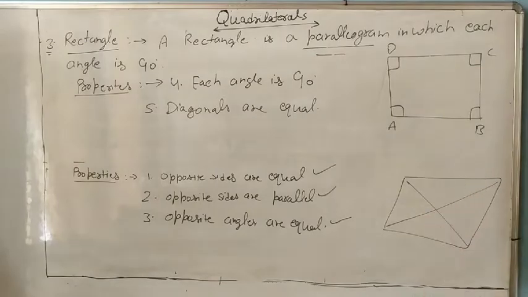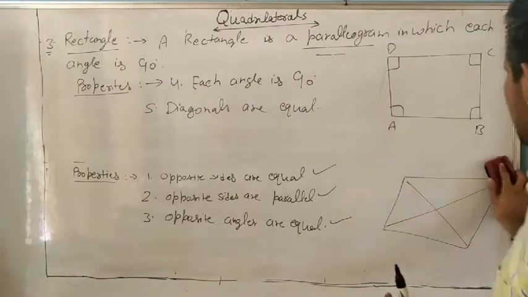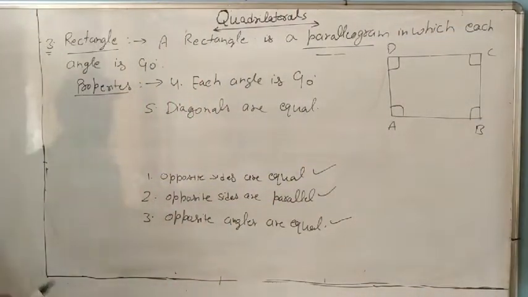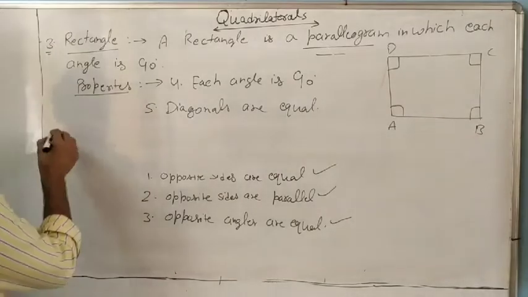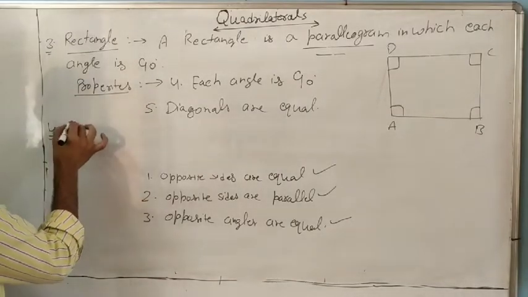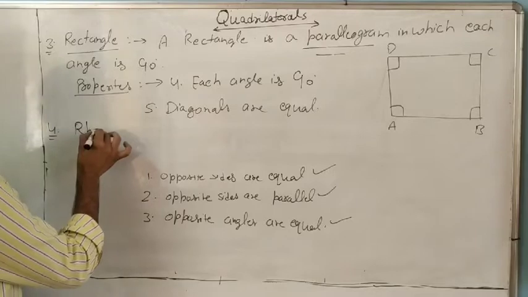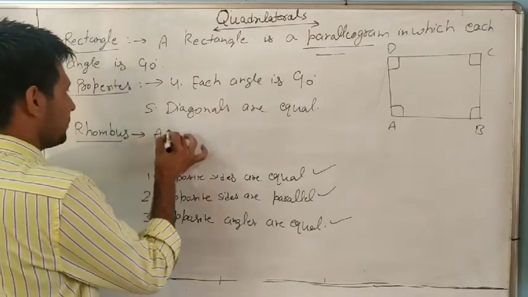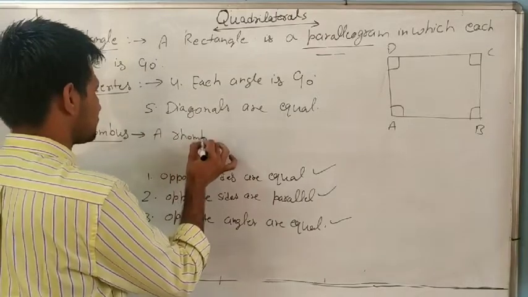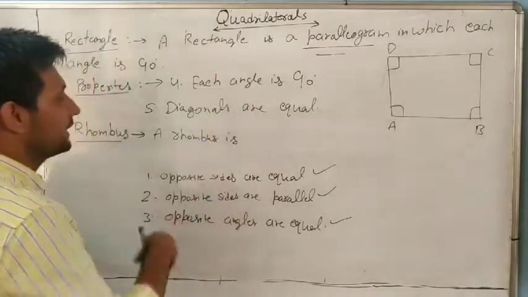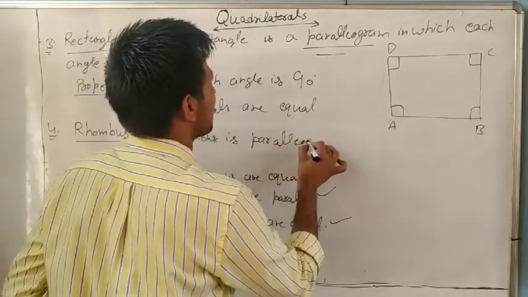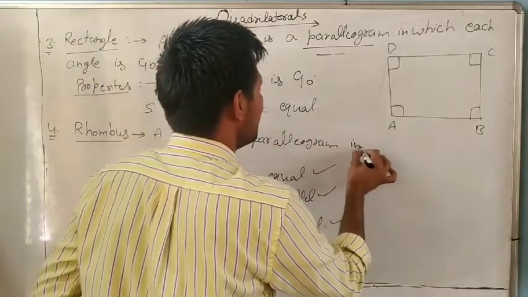If you understand the difference in these quadrilaterals, this chapter is very easy. Now next, same as it is, I am writing. Fourth is rhombus. A rhombus is a parallelogram.